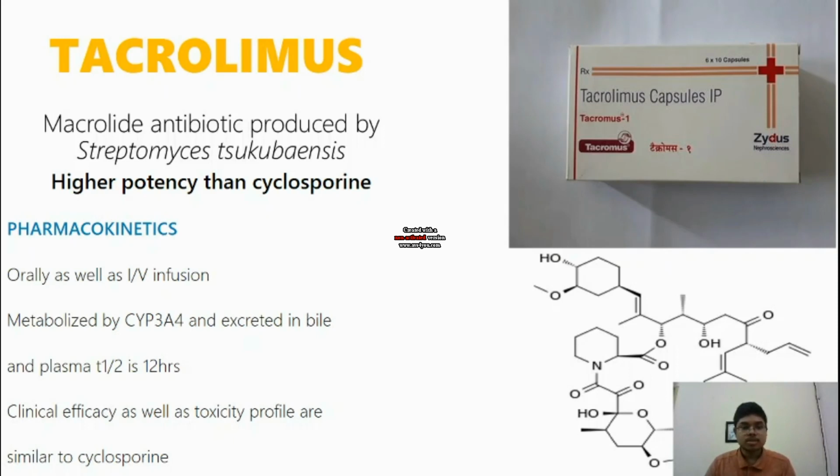Tacrolimus can be given orally as well as intravenously. It is metabolized by CYP3A4 and excreted in bile and plasma. The half-life of tacrolimus is 12 hours. The clinical efficacy as well as toxicity profile are similar to cyclosporine.